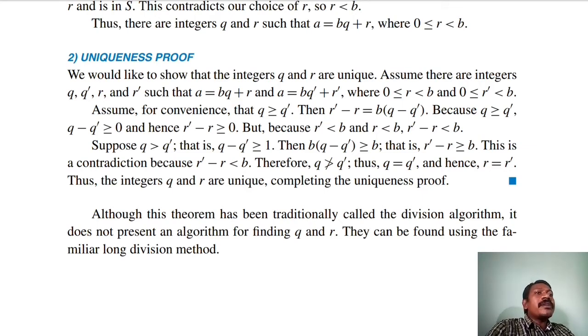This is a contradiction, since we have r dash minus r less than b. So q is not greater than q dash, thus q equals q dash, and hence r equals r dash. So we have the uniqueness of q and r.